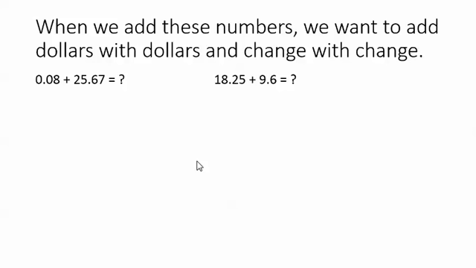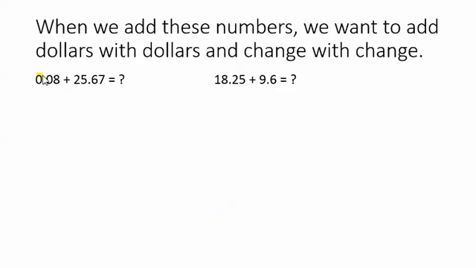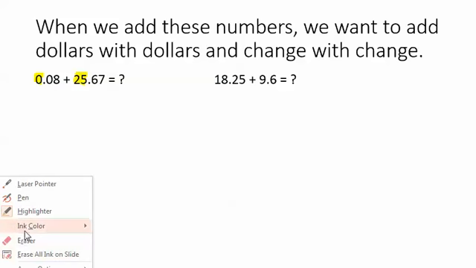Now here's what we're really going to do that's going to make this kind of fun. When we line it up, to really check that we've done a good job, we're going to have 2 colors of marker or highlighter, and we're going to color the dollars one color. So here I'm coloring dollars yellow, and we're going to color the change another color.